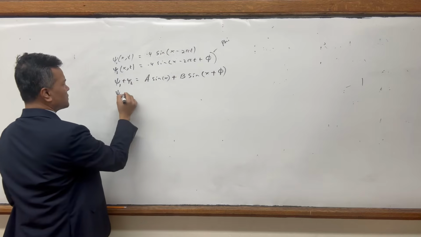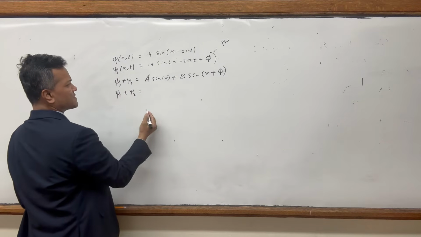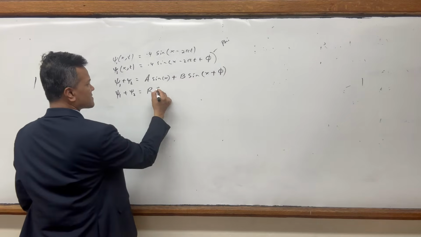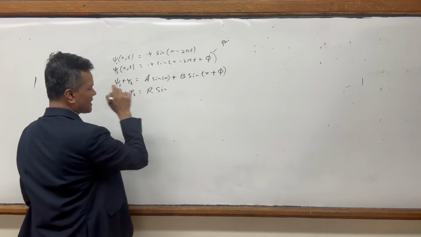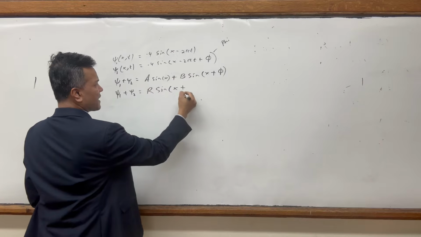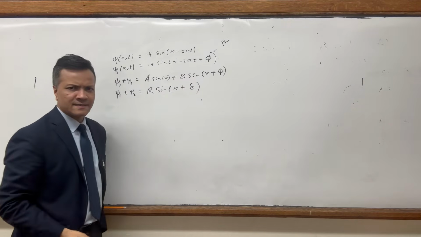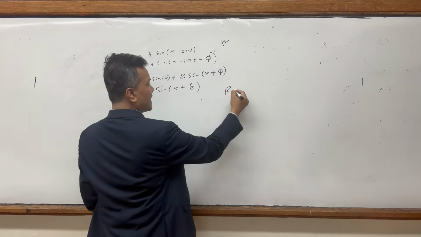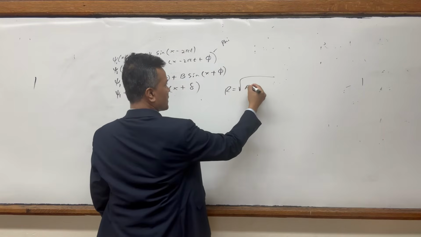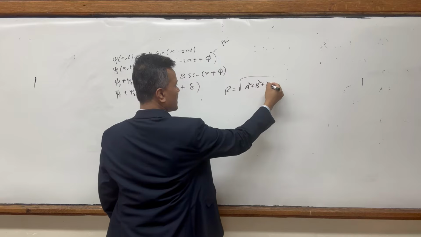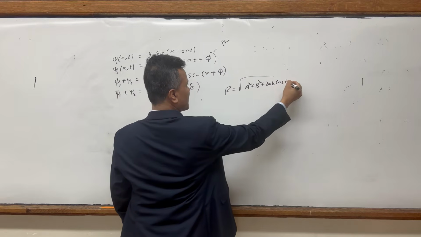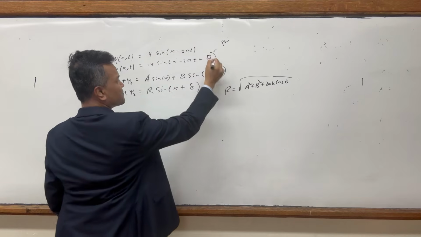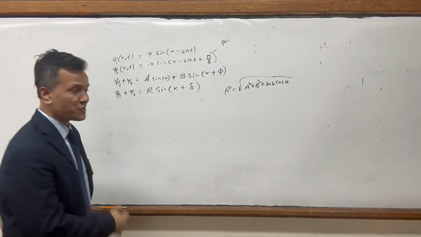And then you can say A plus B is R, the resultant, sine of x plus delta. Okay, so what is R? R is the square root of A squared plus B squared plus 2AB cosine theta. And I'll give you the theta. Let's say theta is pi over 8. That's the phase shift.